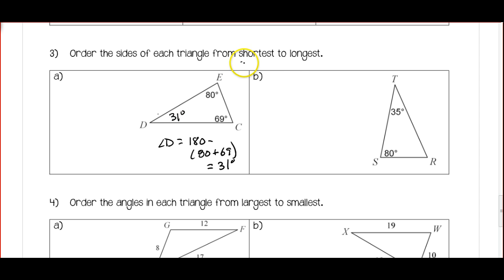So we want to go from shortest to longest. So I want to look for the smallest angle, that's 31. So the side that's opposite it is going to be the smallest. So the smallest side is going to be EC. The next smallest angle is 69, so the side opposite that will be the next smallest. So that's DE. And then the third side opposite the 80 will be the longest.